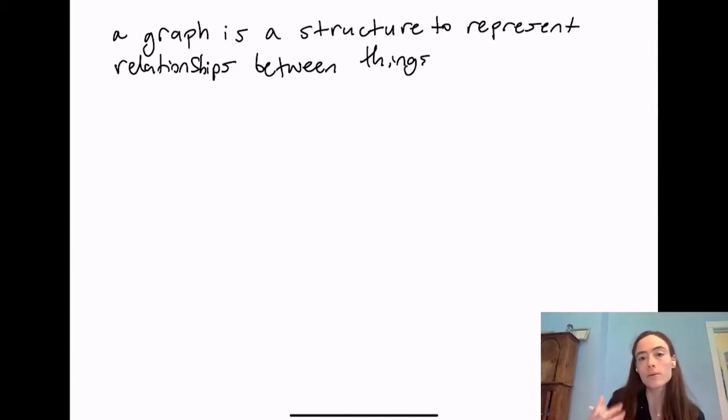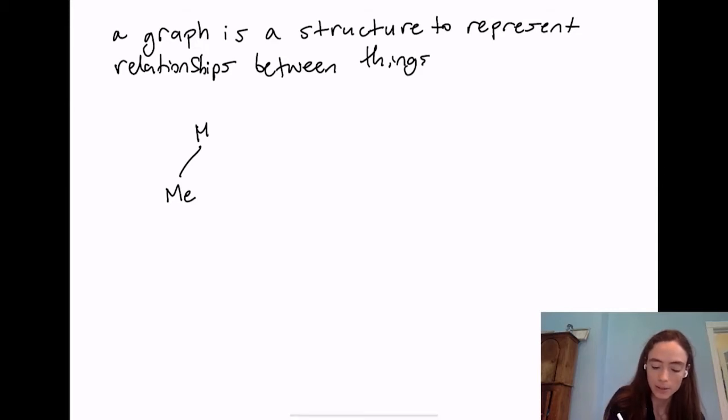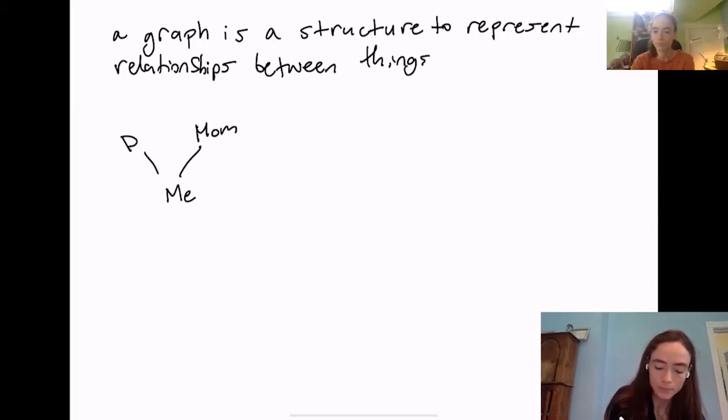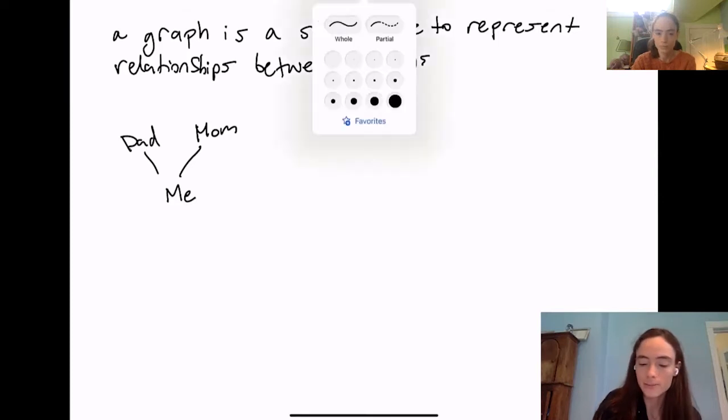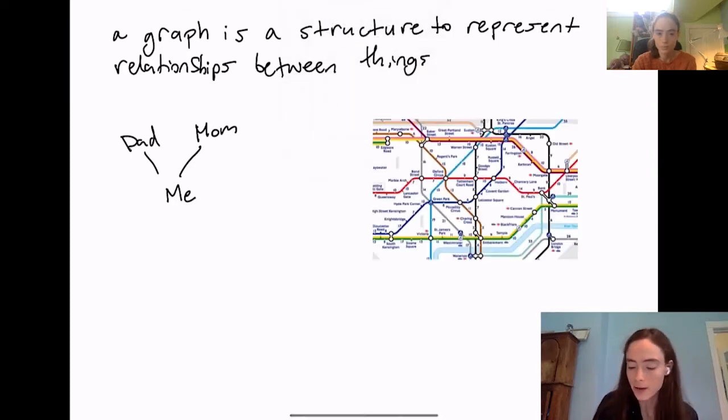If you have a group of things and then relationships between them, you're essentially making a graph. For example, a family tree is a graph because it maps the connections between members of a family. And a map is a graph because it maps connections between places.